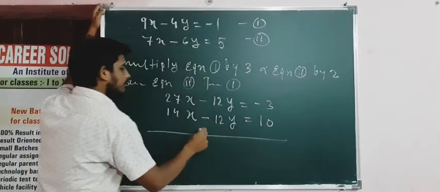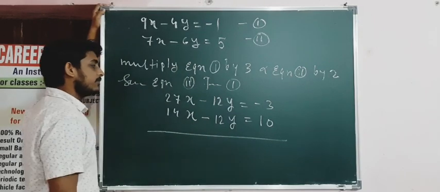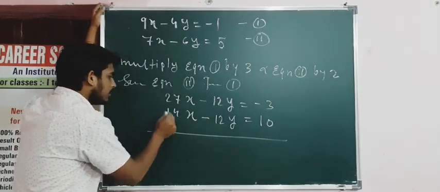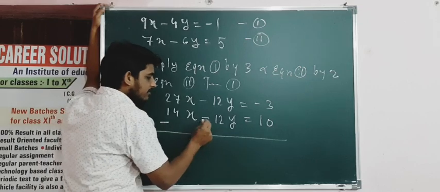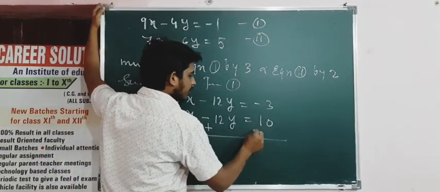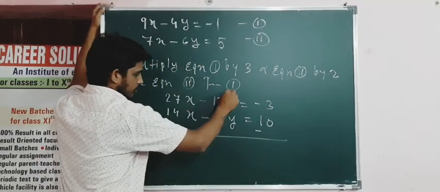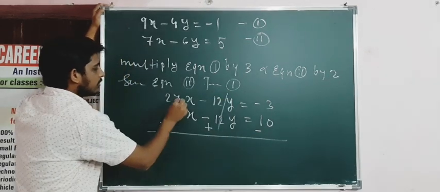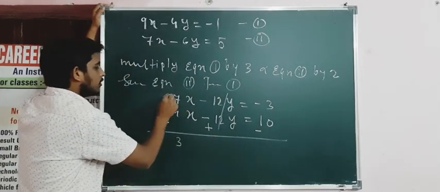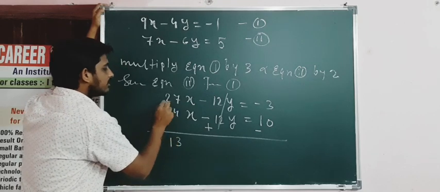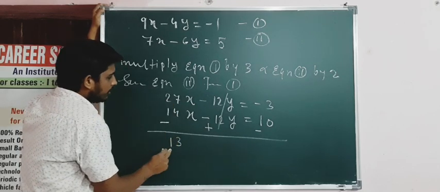We have to subtract because in both of the places variable y carries the same sign. So this is in plus become minus, this is in minus become plus, this is in plus become minus. So 12y cancels out. 27 is in plus, so 13 will be in plus.